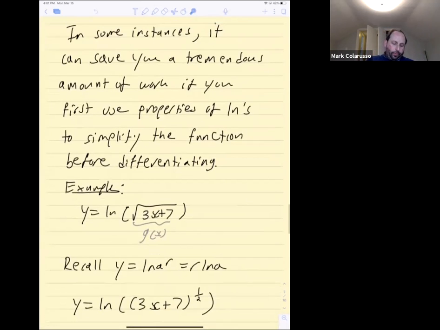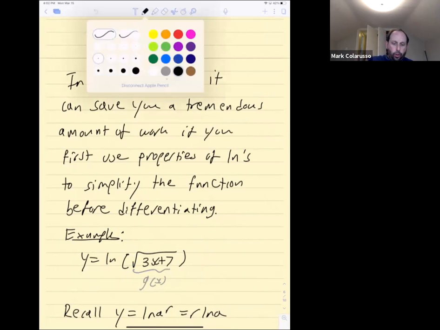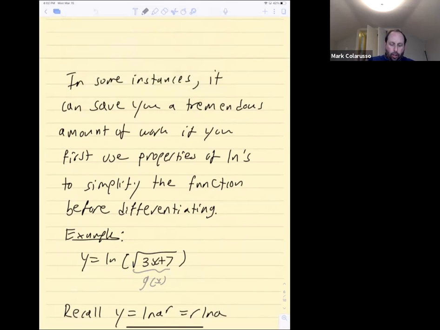For example, suppose you want to differentiate the natural logarithm of the root of 3x plus 7. You could just go ahead and say, okay, g(x) is the root of 3x plus 7, and use the formula that we talked about, the derivative of ln of g(x) is g prime over g.